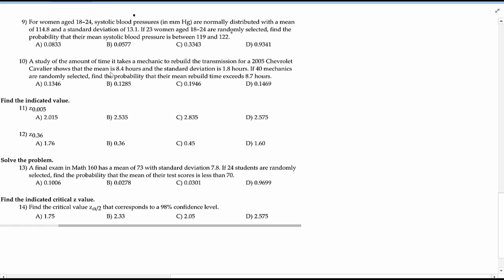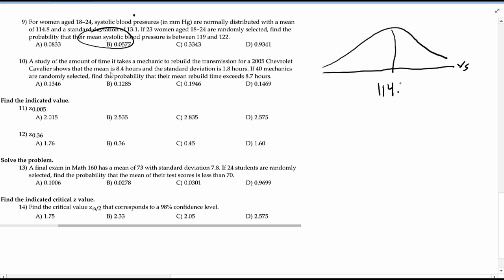So the sample mean happens to be normally distributed with a mean equal to the mean of the population, which is in this case 114.8, and a standard deviation, which is the standard deviation divided by the square root of n. All right, so let's calculate this more carefully.